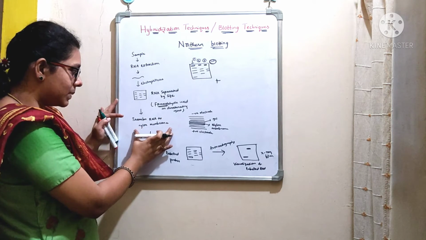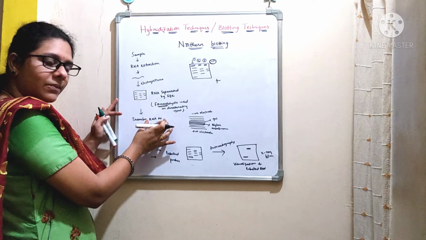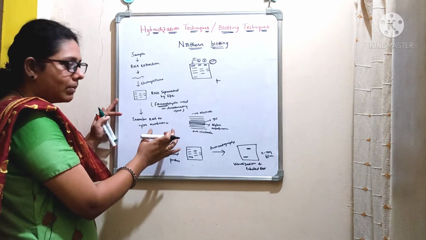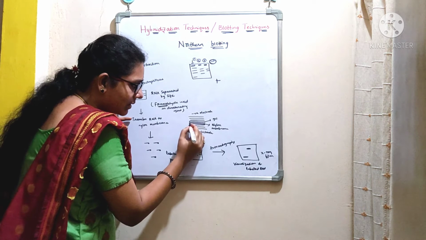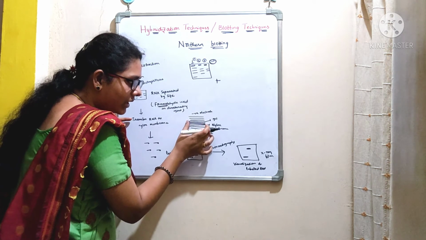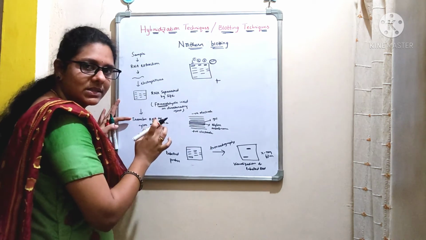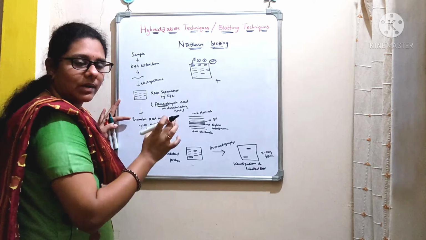If you observe this picture, here we are saying that we are supposed to transfer those RNA onto a nylon membrane. So look here. So this is the nylon membrane, okay? On top of the nylon membrane we are going to place the gel that is carrying different RNA fragments.